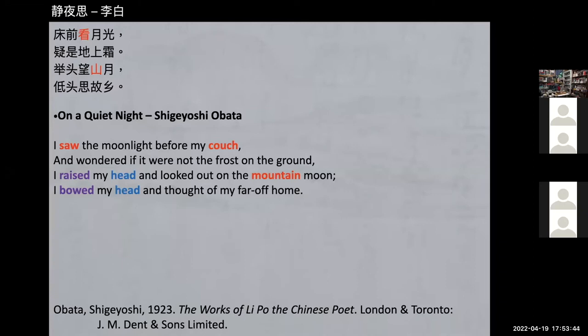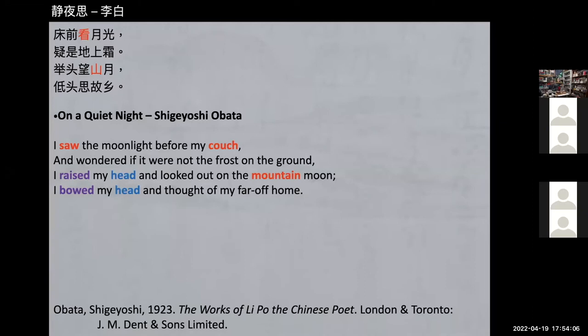So here that is the translation of Kan, and wondered if it were not the frost on the ground. I raised my head and looked out on the mountain moon, Shan Yue. I bowed my head and thought of my far off home.